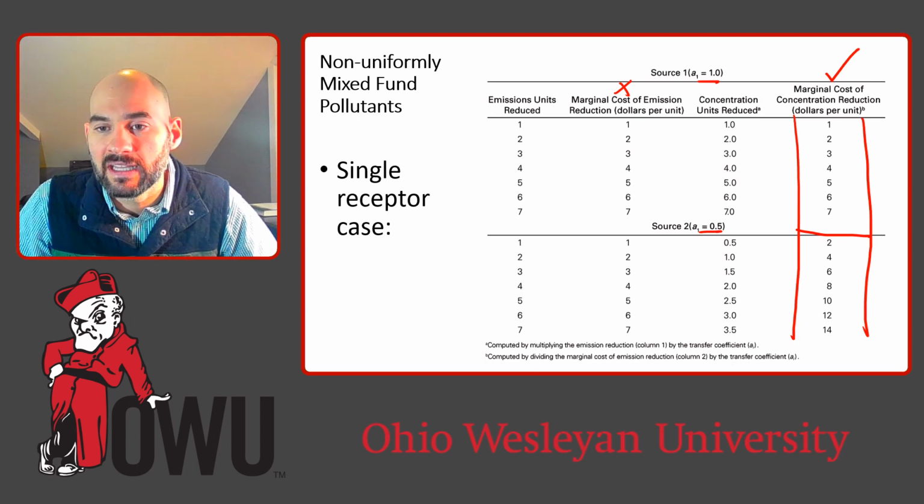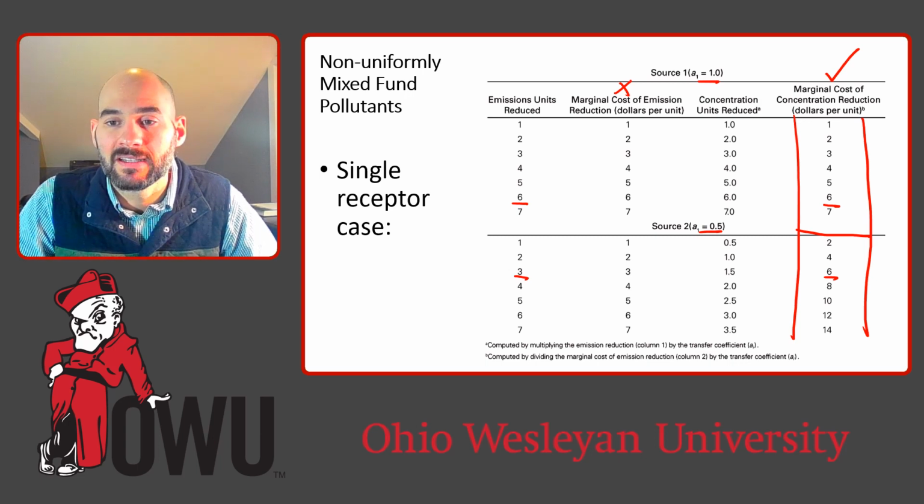For example, the marginal cost of concentration reduction is going to be 6 for the 6th unit of emission reduced for firm 1. It's also going to be 6 for the 3rd emission unit reduced for firm 2.